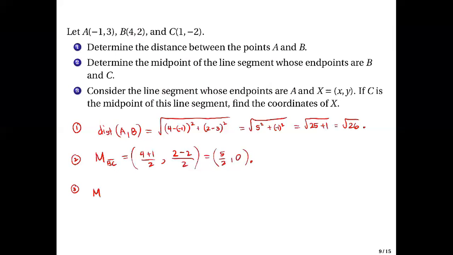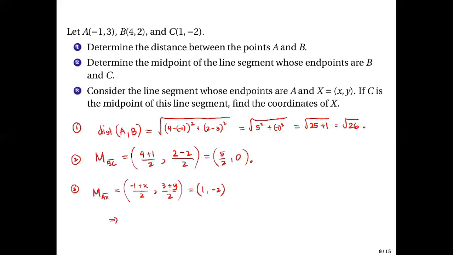So again, midpoint of AX, this will just be negative 1 plus x over 2, comma, 3 plus y over 2. This should be equal to C because C is the midpoint. So in here, we are using the formula for the midpoint, but the midpoint is known, it's the point C, and it's just 1, comma, negative 2.